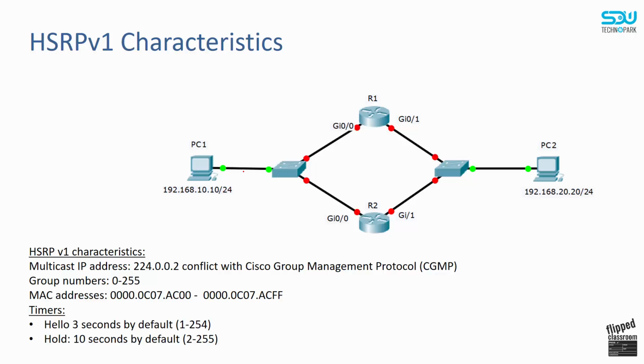So if we are speaking about version 1, the HSRP protocol works with the multicast address 224.0.0.2, which may actually have a conflict with the CGMP protocol. And what does it mean? It means that router 1 sends an update to the switch, which is traveling to IP address 224.0.0.2.